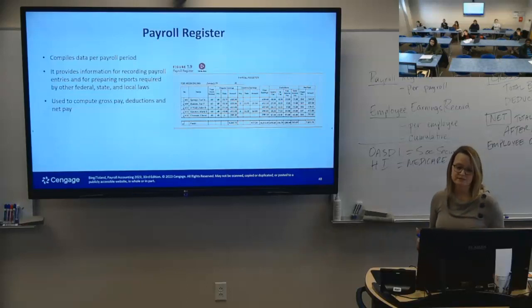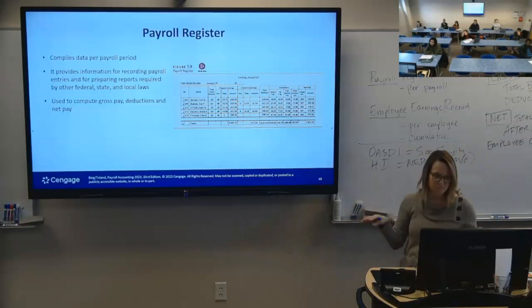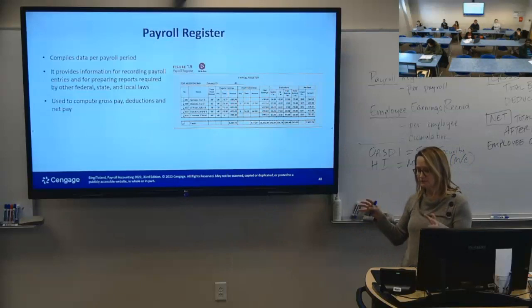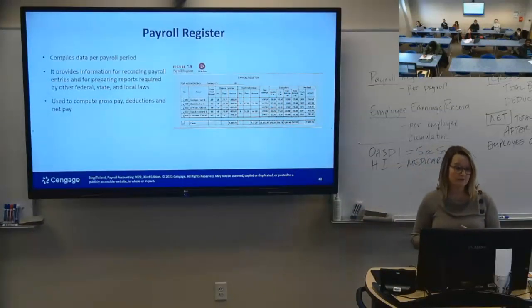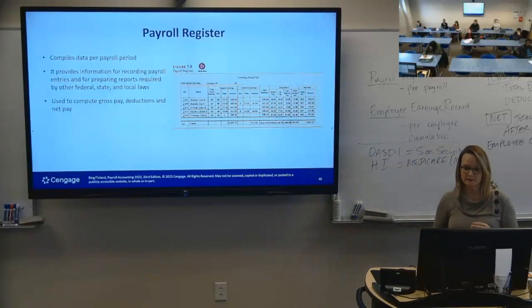It's kind of weird, because we always think of salaried as not getting overtime, but there are instances where they would be entitled to overtime pay, and it has to do with their job description and what their responsibilities are.